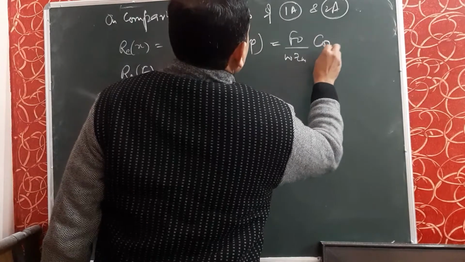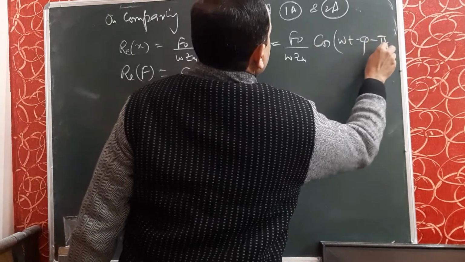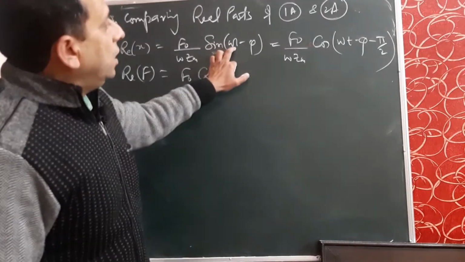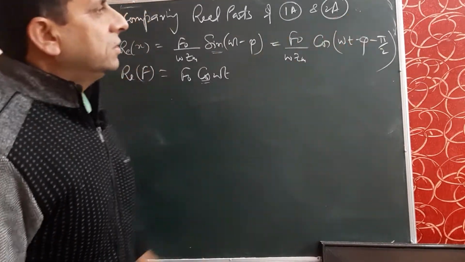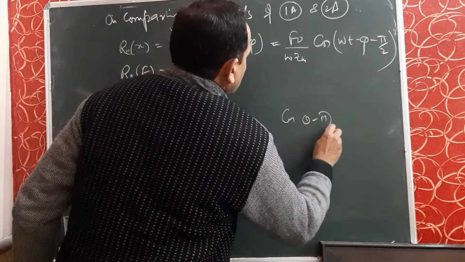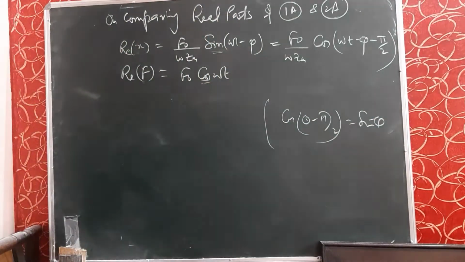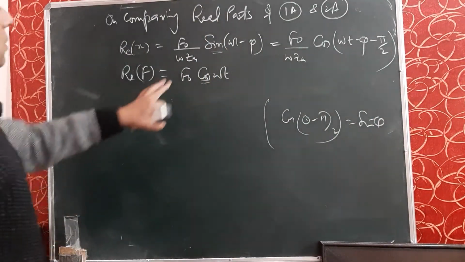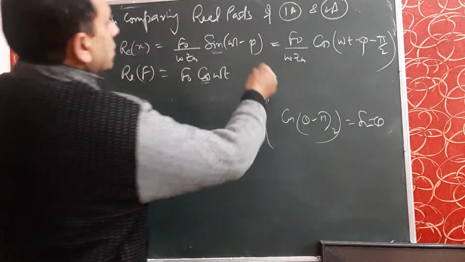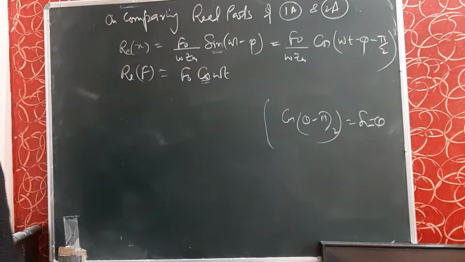You know that sin theta is equal to cos of theta minus 90. Therefore, I converted this sine into cosine. So sine becomes cos of omega t minus phi minus 90.